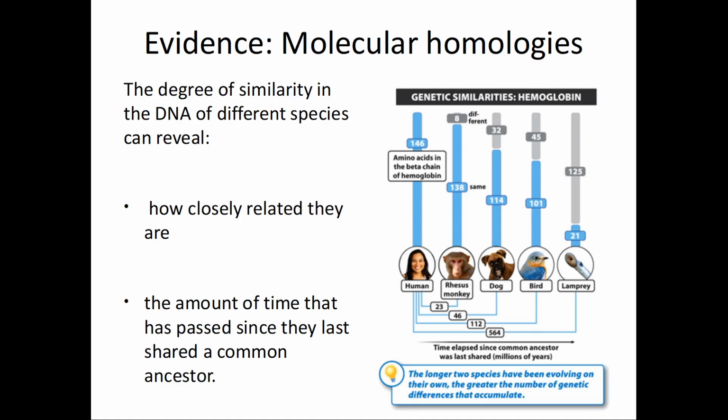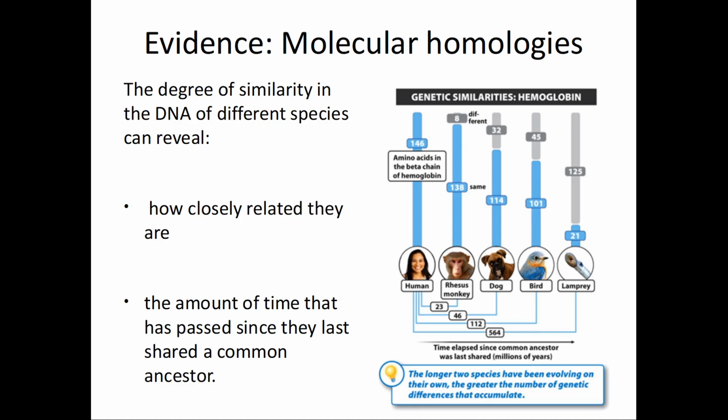All right. Then we've got molecular homologies. We share a lot of DNA with primates. With many of the great apes, we share a lot of our DNA with them. And as you go further out, we begin having less and less similarity in DNA, and also in protein. So we're looking at this map over here. We're looking at how similar our hemoglobins are across these various species.